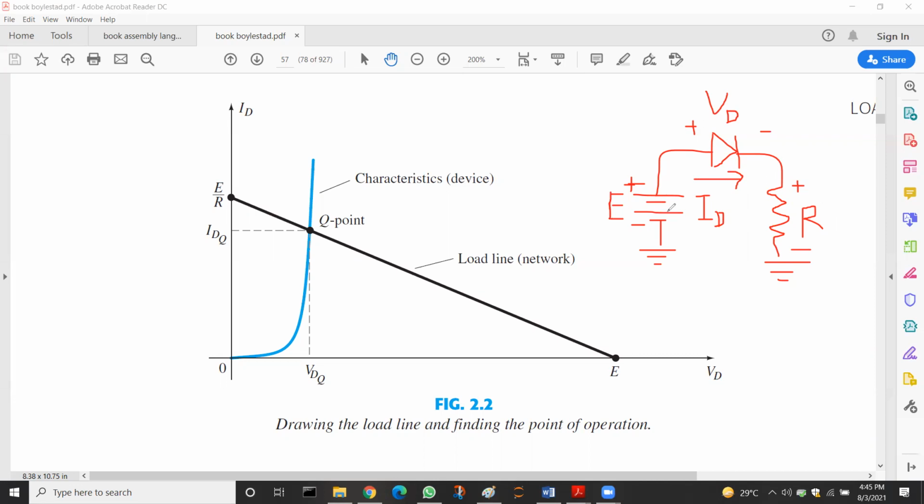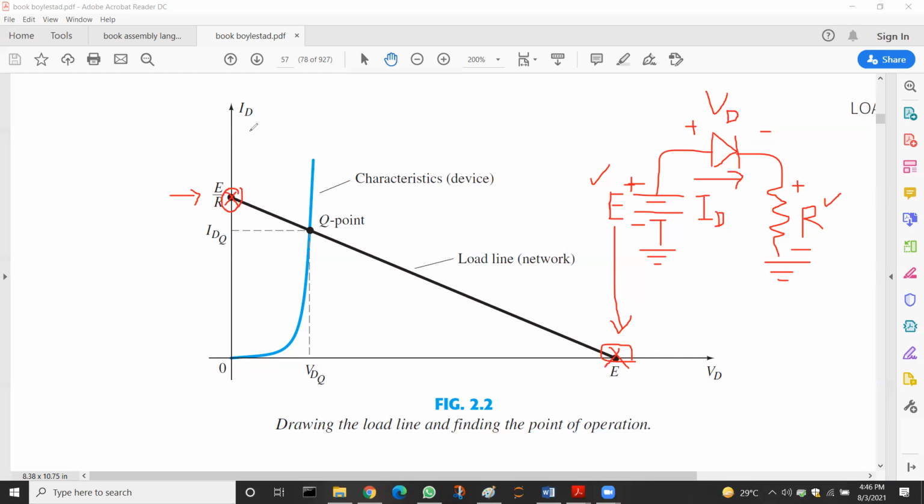So by these given values, because E is a known value and R is a known value, we can draw a point here on the voltage axis which is equivalent to E. And the ratio of E divided by R is used to find the value of the current, so that we can find another point on the y-axis.